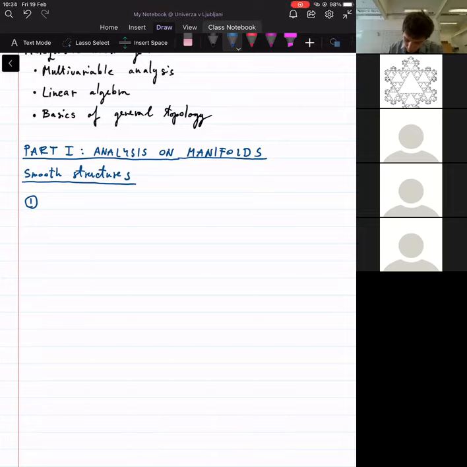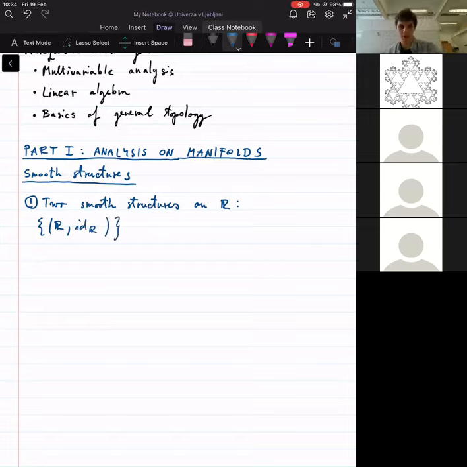Okay, we are studying two smooth structures on the Euclidean line, and these are the ones given by atlases, so R and IDR.